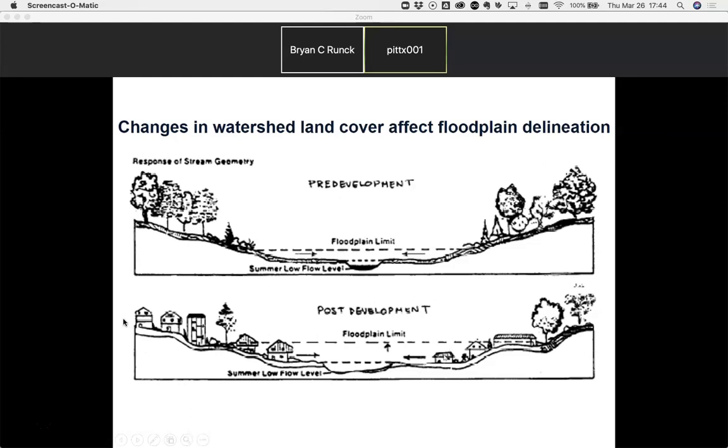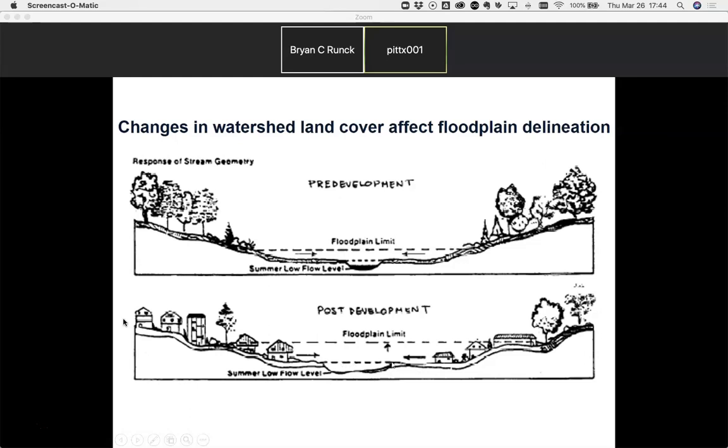But as soon as we start to develop the watershed itself, or even if we are talking about developing not just the floodplain of the watershed, but the upland portions of the watershed, as their surfaces become more impermeable, more water runs off across the surface.